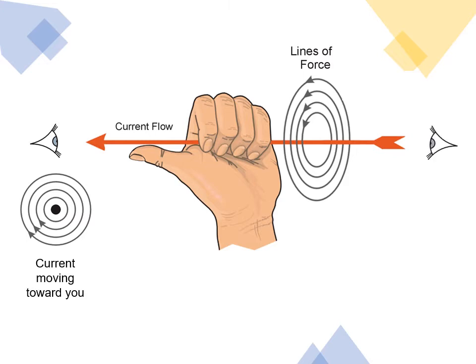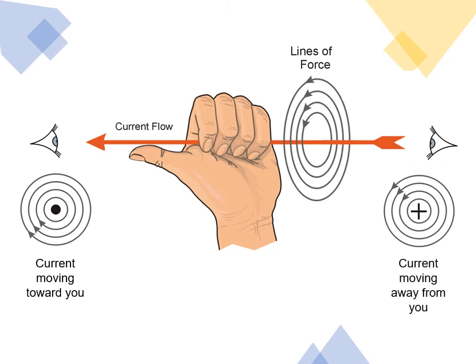If we were to look at the back end of the arrow, it would look like the tail feathers of the arrow are going away from us. So we use a cross or a plus sign to symbolize that the current is going away from us, just like the tail feathers of the arrow.